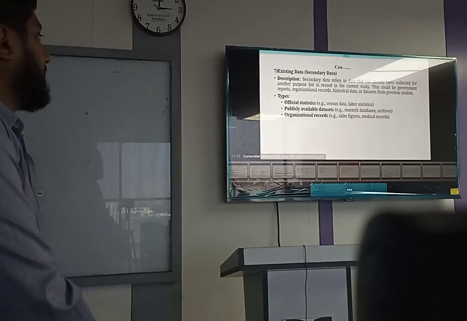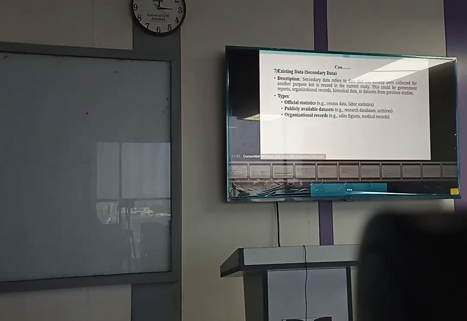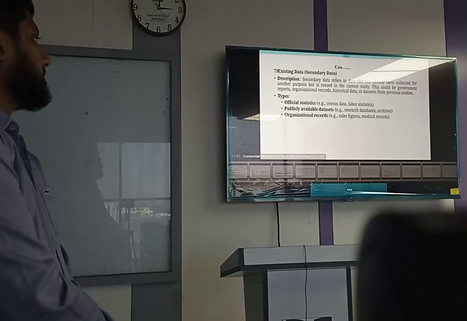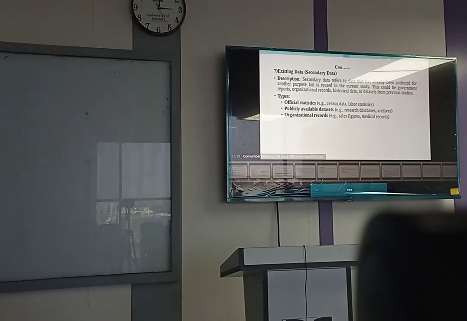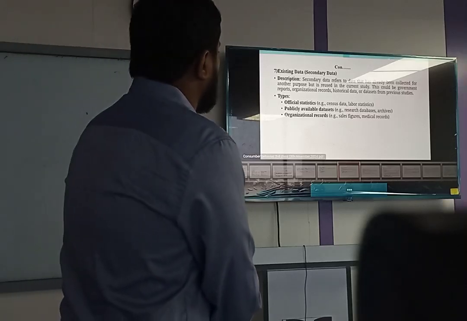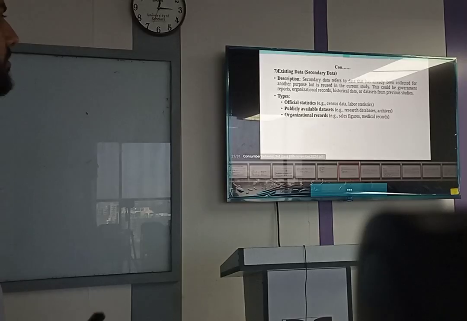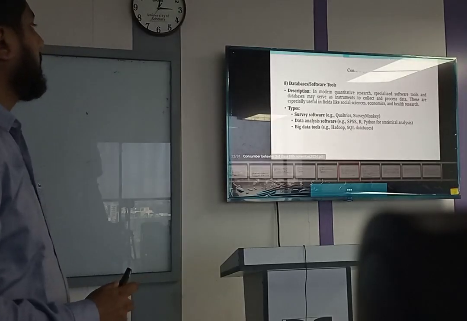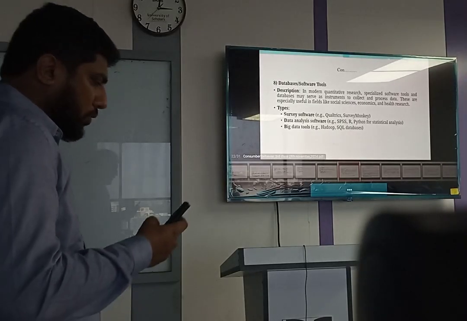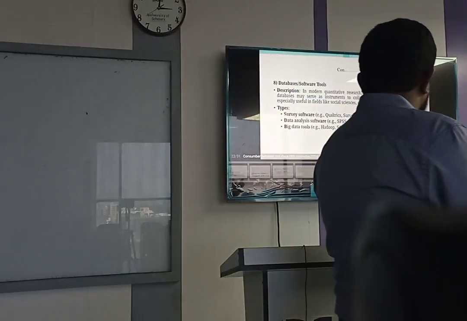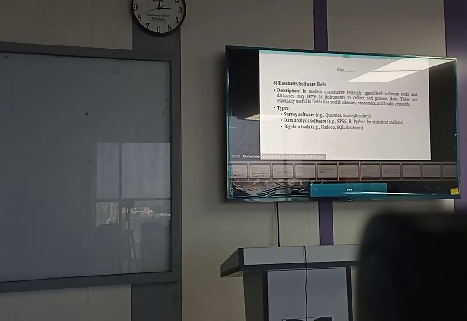Types: official statistics, census data, labor statistics. Publicly available data sets, research databases, archives. Organizational records, sales figures, medical reports. Database software. In modern quantitative research, specialized software tools are used to do the analysis.